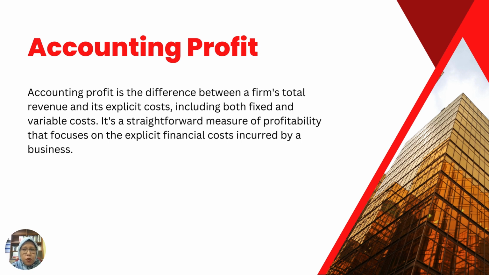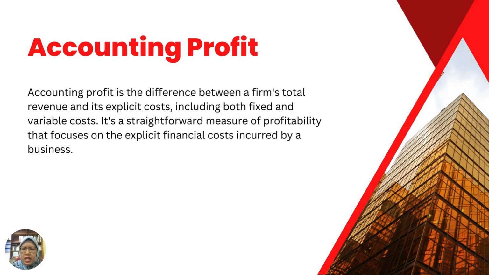It's pretty straightforward. It's your total revenue minus your explicit cost. These explicit costs, as I said just now, include things like rent, wages or salary, materials, and also utilities. It is the money you actually spend to keep your business running. So that is accounting profit. Remember the difference: the firm's total revenue minus its explicit cost.